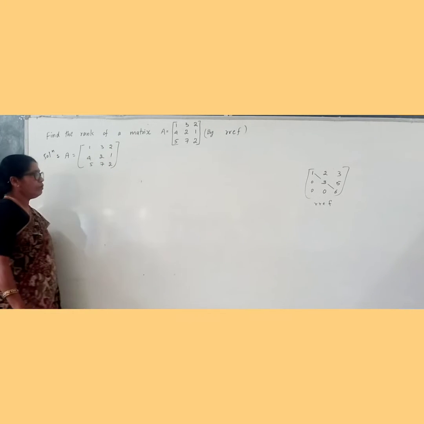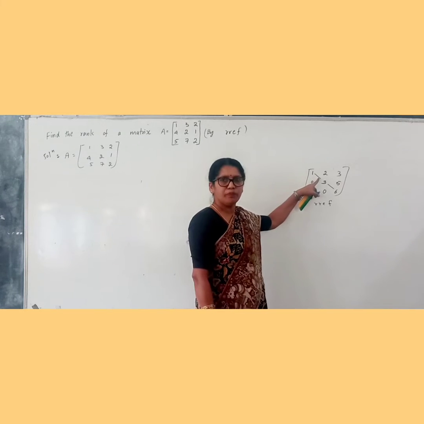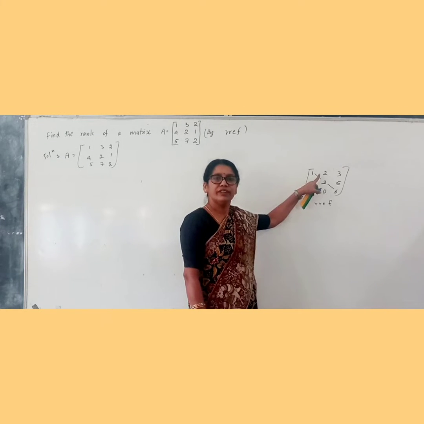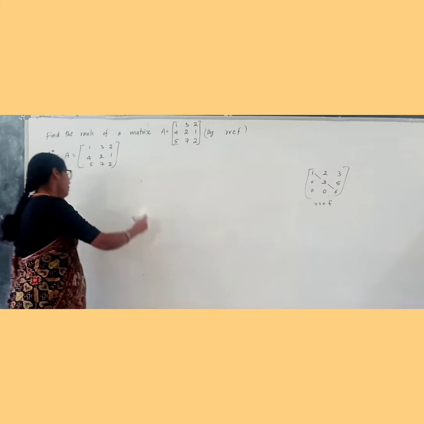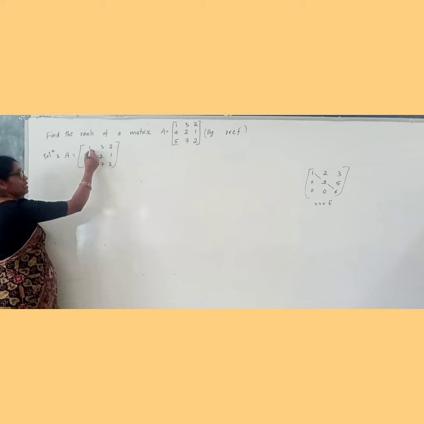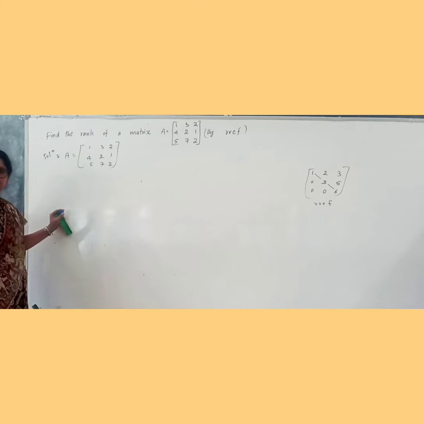Now according to the row reduced form, the leading entry should be 1. Leading entry means the first element of the matrix. So here the first element of the matrix is already 1. So no operations are required for the first row.